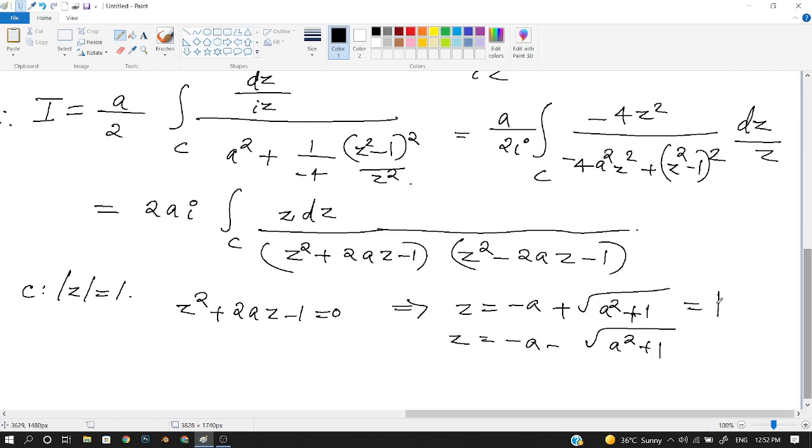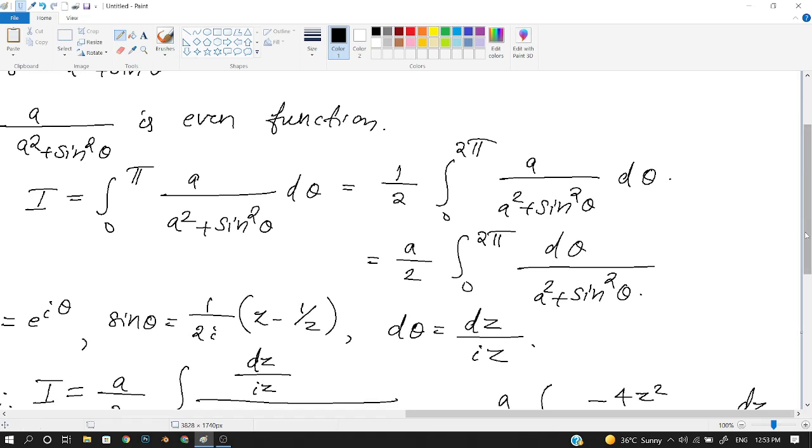Now we can denote this as p and this as q. Therefore z square plus 2az minus 1 equal to z minus p into z minus q. Similarly, we can consider the other function also.